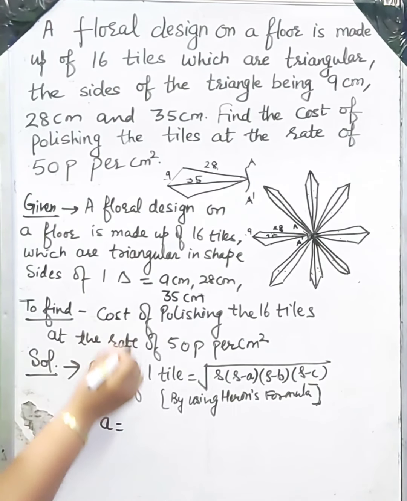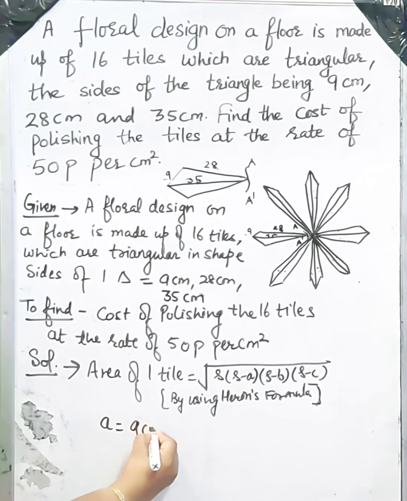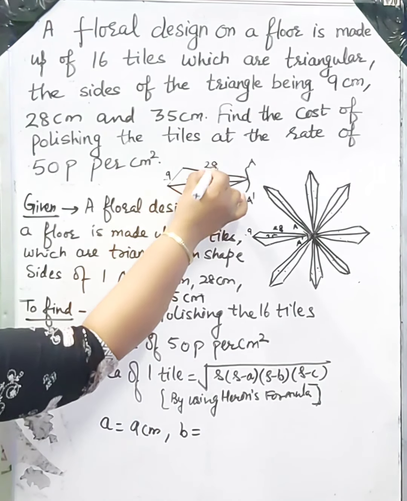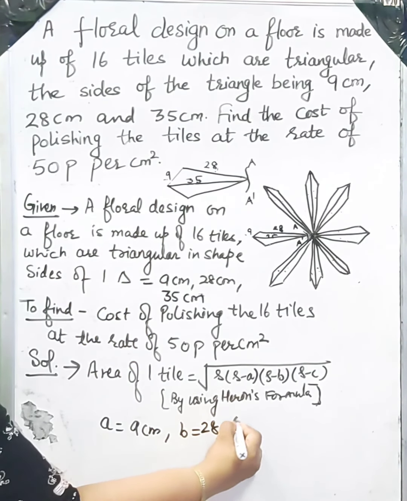Here A equal to 9 centimeter, B equal to 28 centimeter and C equal to 35 centimeter.